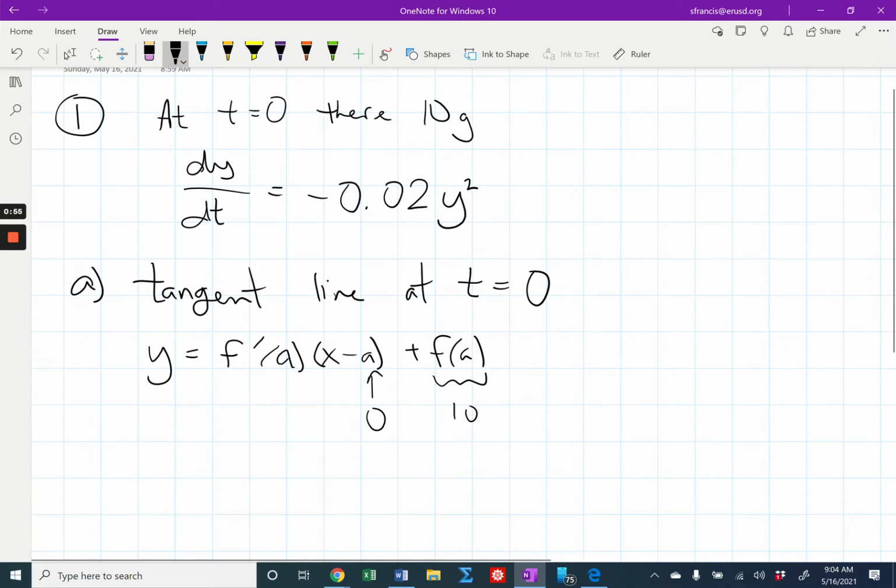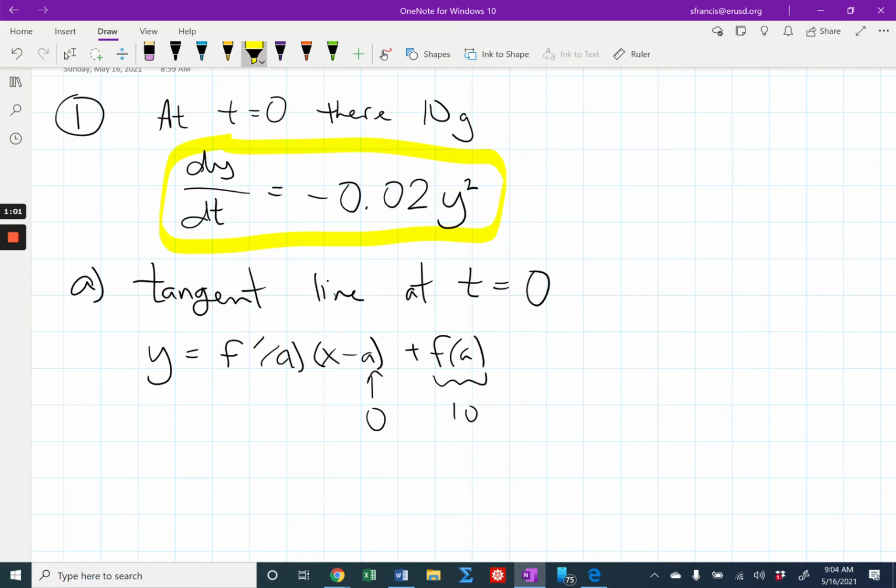And since the slope is given right up here as our differential equation, we just got to be careful that we're evaluating the differential equation at a particular y value. So we're not going to plug in 0 because t equals 0. We're going to plug in the y value at t equals 0, which is 10, and then we'll be able to calculate the slope.